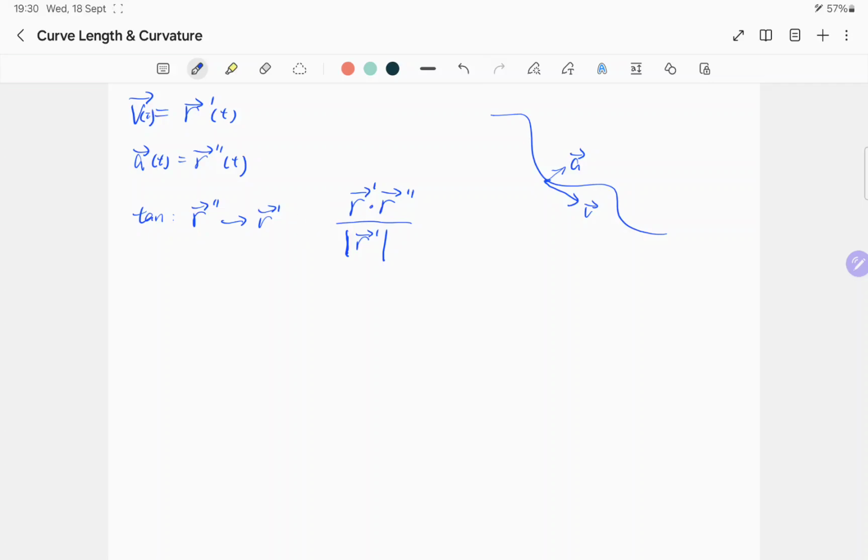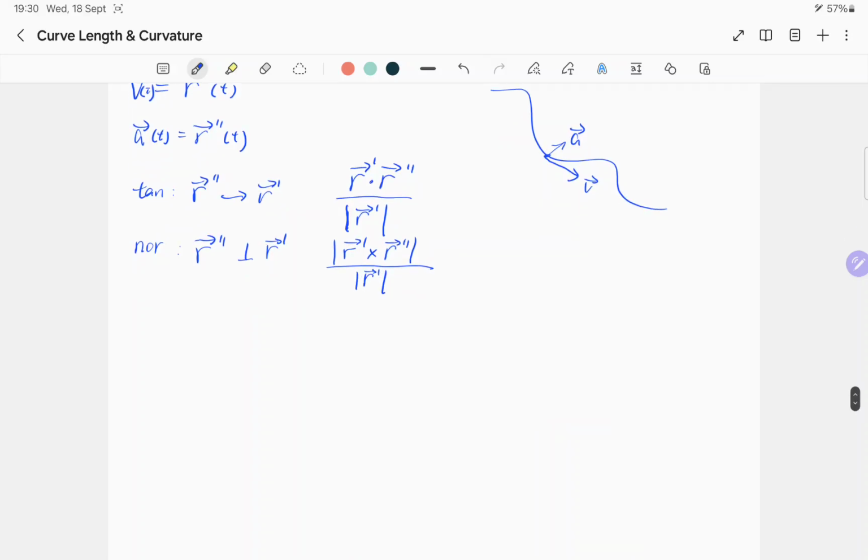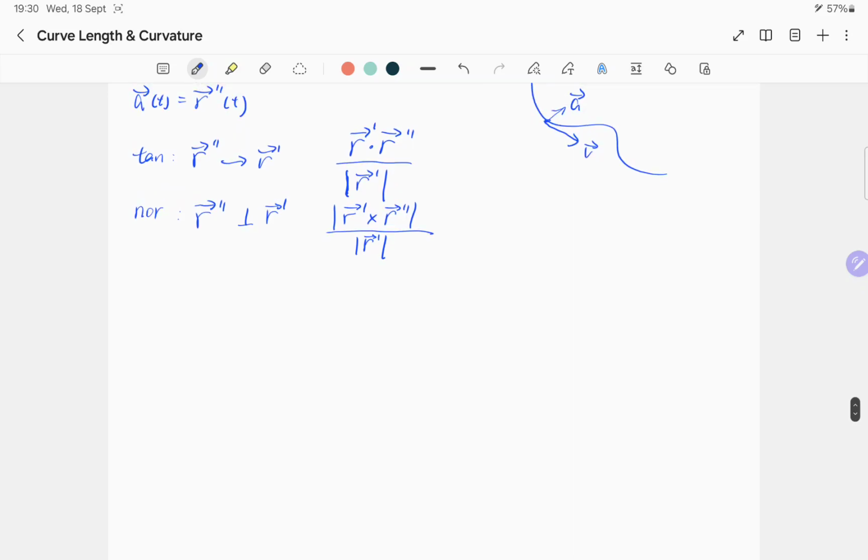This is the tangential component. And for the normal component, we want the part perpendicular to r prime. So we know what that is. It is the cross product: the magnitude of r prime cross r double prime divided by the magnitude of r prime. Therefore, we know the tangential and normal components.